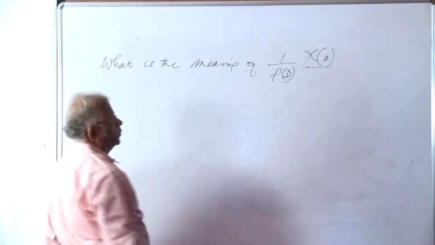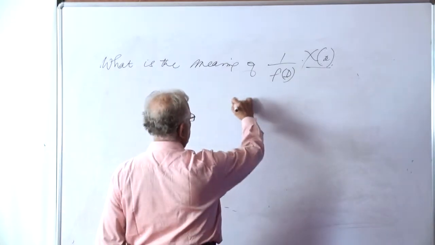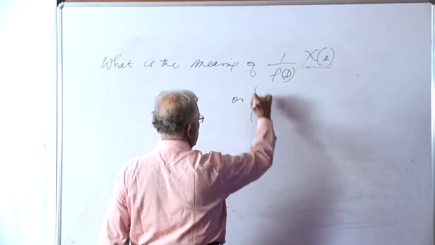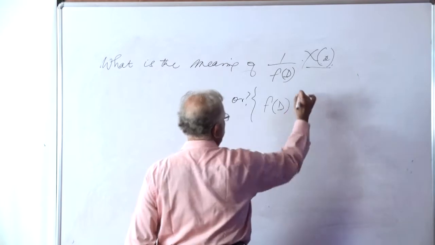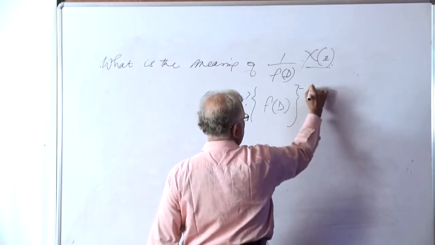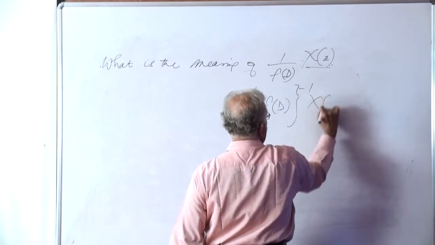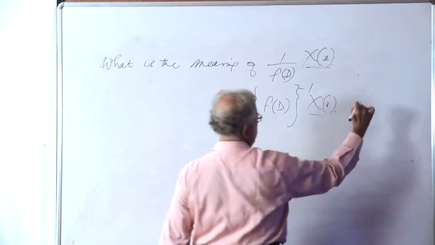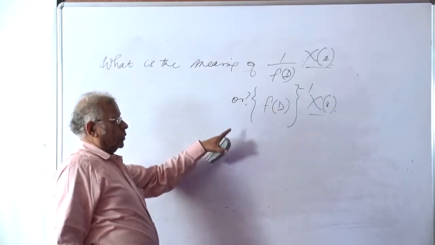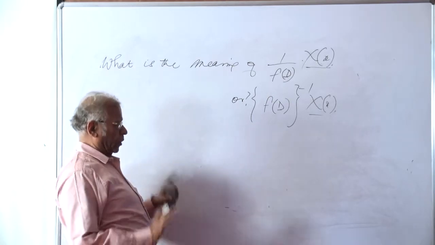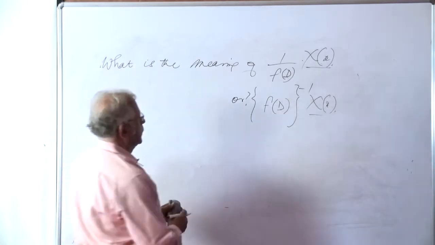In other words, what is f(D) inverse operating on function of x? This has to be assigned a clear value, a clear meaning. In fact, not a clear value, but a clear meaning.